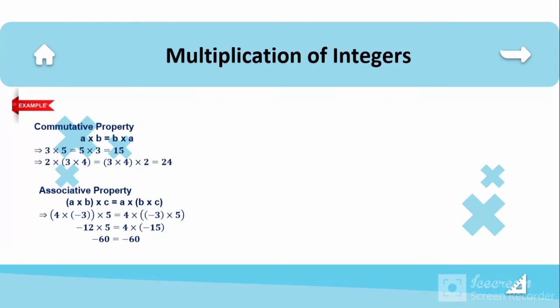And next, distributive property. As we know before, the distributive property involves multiplication with addition and multiplication with subtraction. First, multiplication with addition. 4 times (6 plus 7) is equal to (4 times 6) plus (4 times 7).